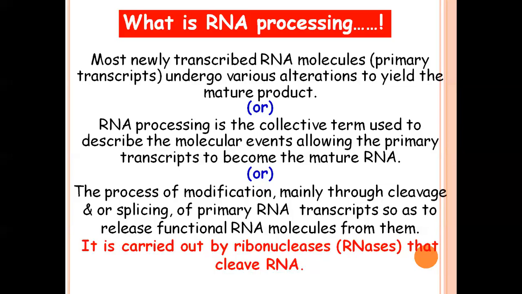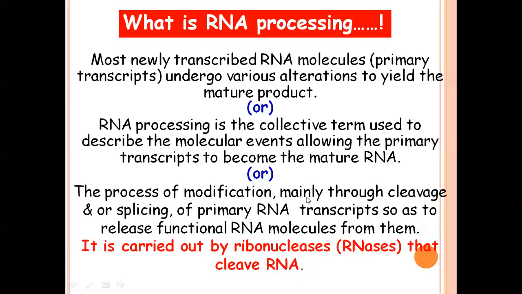If it is not a stable RNA molecule, it will not participate in the translation process. Or you can describe it as the process of modification. Modification is needed because the primary transcripts are unstable or immature, mainly through cleavage or splicing, cutting the primary RNA transcript so as to release functional RNA molecules from them.